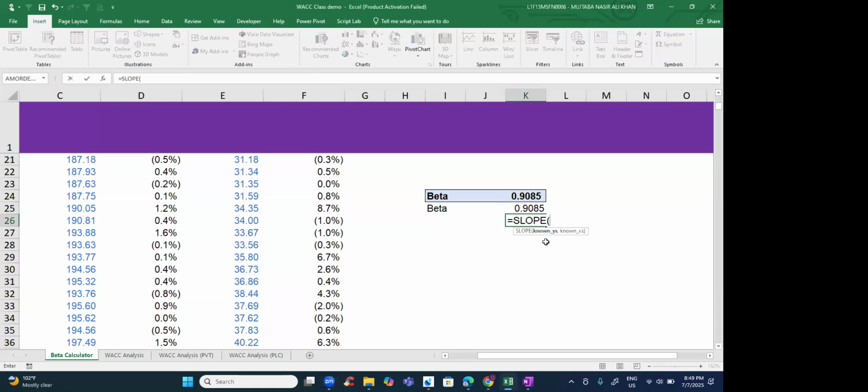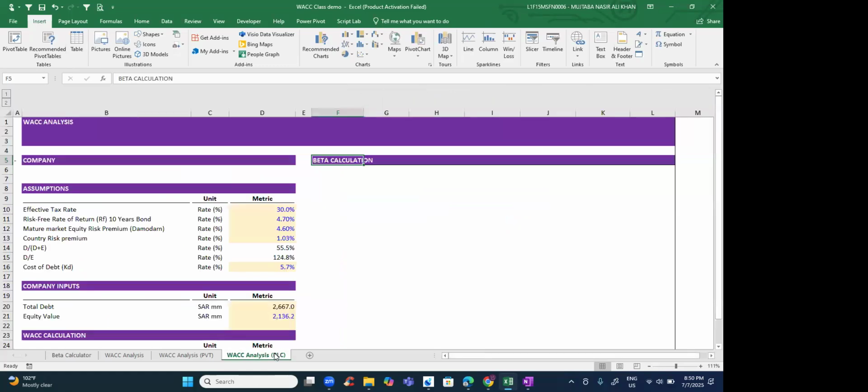Firstly, you will take the Y factor, the dependent factor, the stock price change. Then you will take known X, the independent factor, that is the index price change. Once you calculate the beta, now the life is easy.